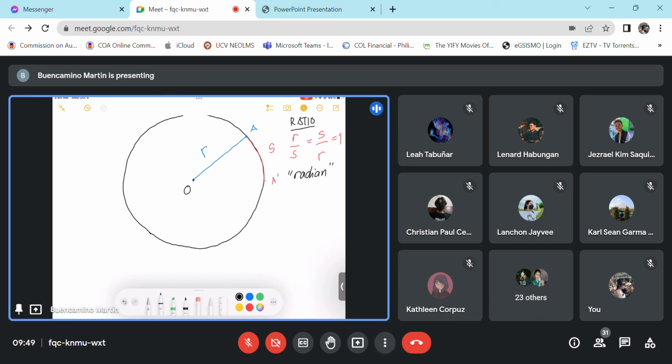Now, incidentally, the angle that is subtended by this arc S has an angle of 57.3 degrees. And they made another description of radian, which is in terms of angular measurement. So that 1 radian became now 57.3 degrees.